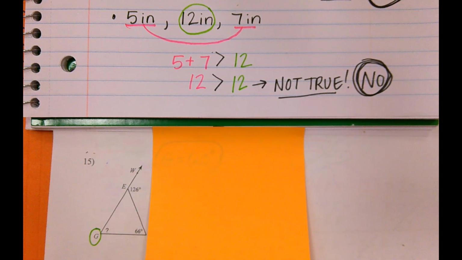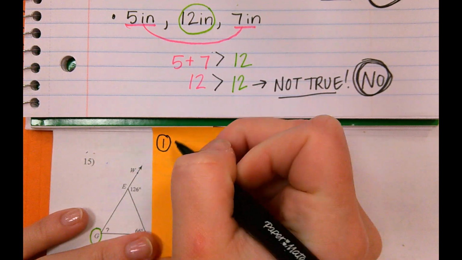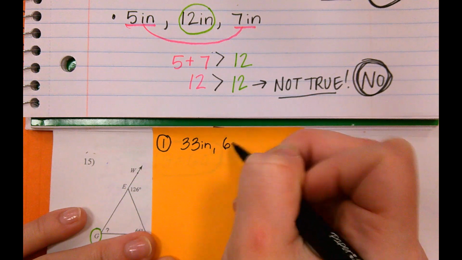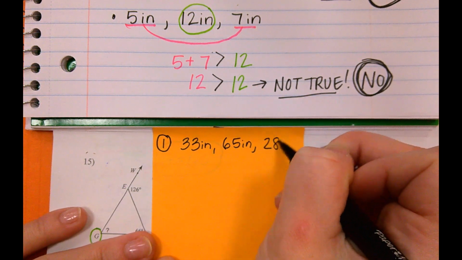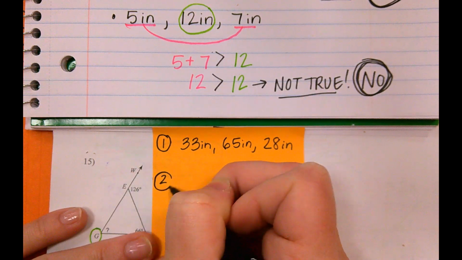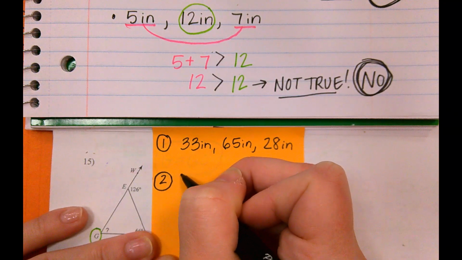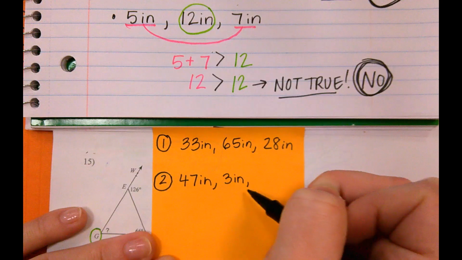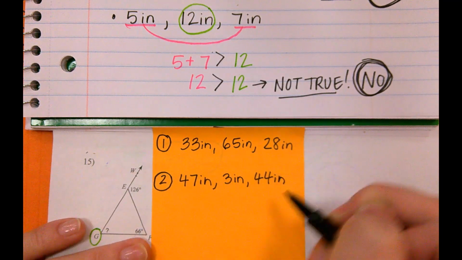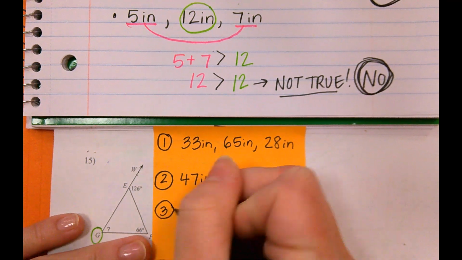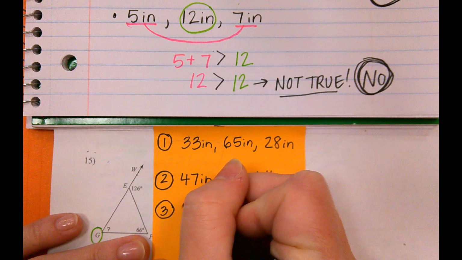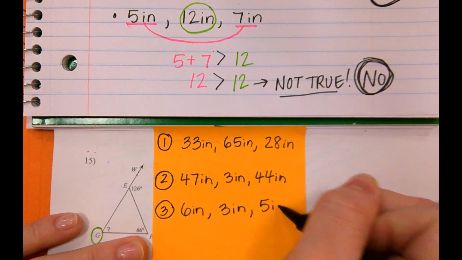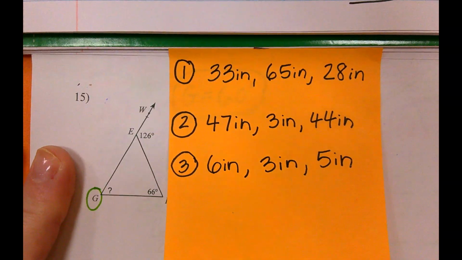So tell me if these side lengths could be a triangle. Number 1 will be... Try these on your own.